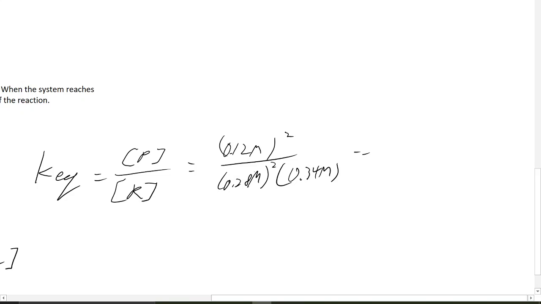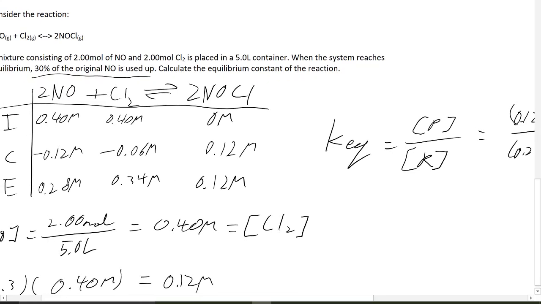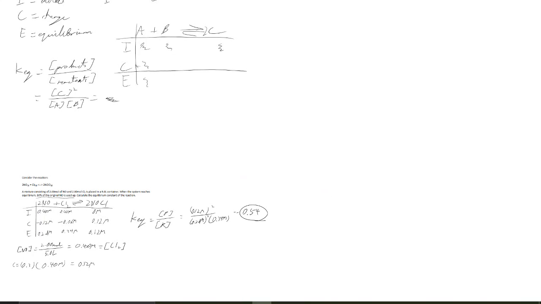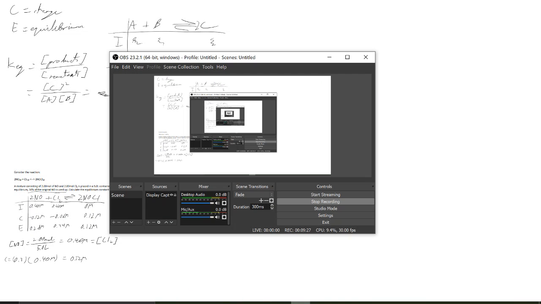From this, we just put in our calculator 0.12 squared divided by 0.28 squared, divided by 0.34. To 2 sig figs, that gives us 0.54. And that's the answer to the question, what is the equilibrium constant? And that's all. Thank you for watching.